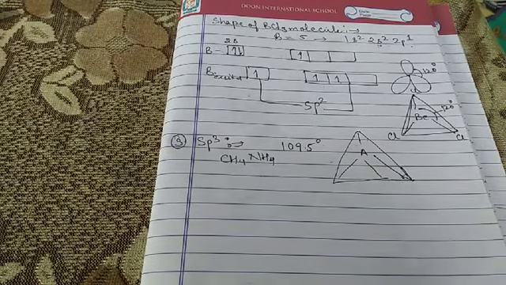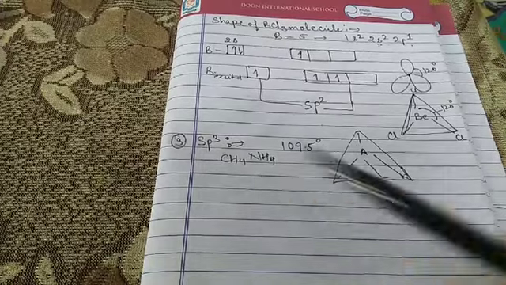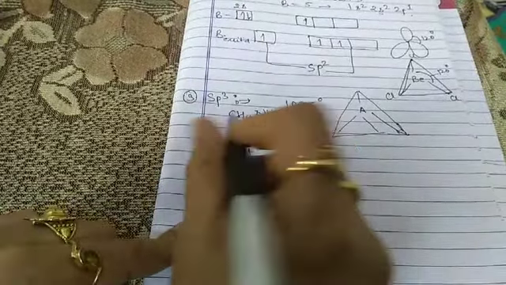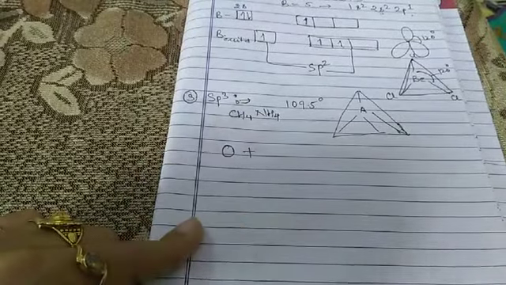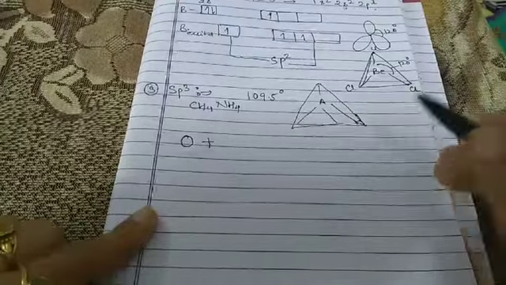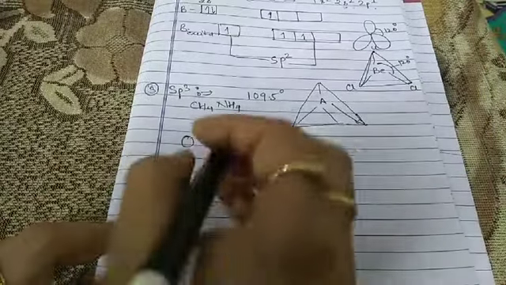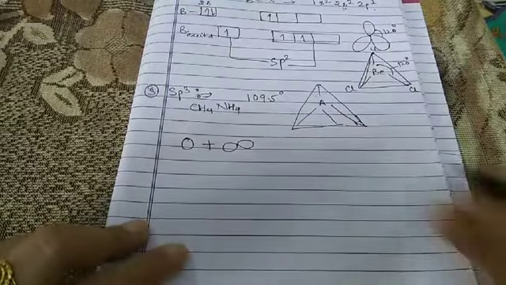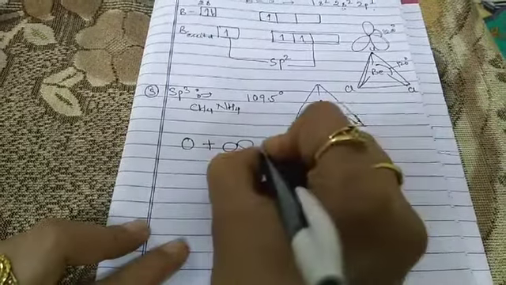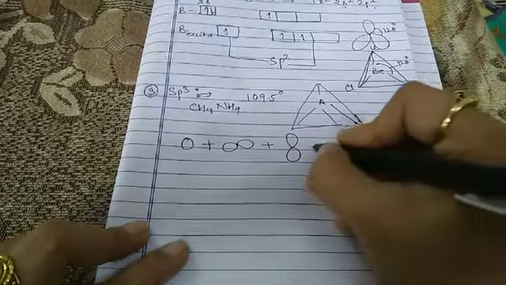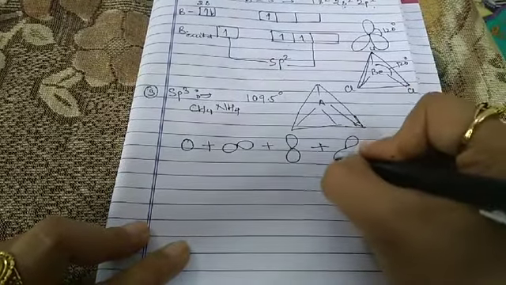So it is clear that if you want to draw, then 1s and how much p? 3p. It means here we require all the p with their axes, that is x, y and z. The first p is this one, that is the z axis, the second p is this one, that is the x axis, and the third p is this one, that is the y axis.